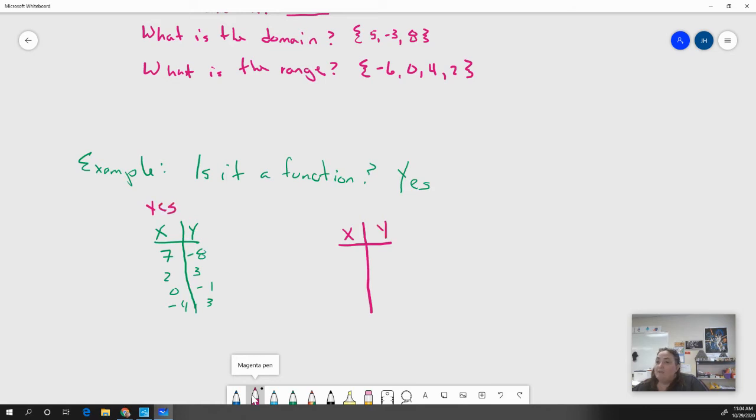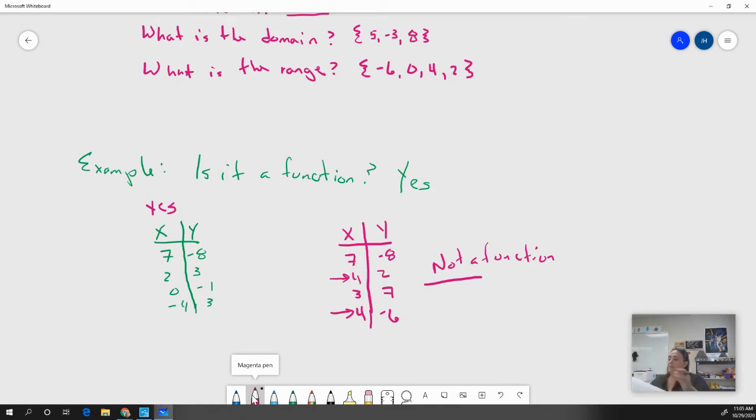If I have 7, -8, 4, 2, 3, 7, 4, -6. If I'm asking whether or not this one's a function, it would be no, because our 4's repeat, not a function. All right, so it looks the same way. We're just presenting the ordered pairs differently.